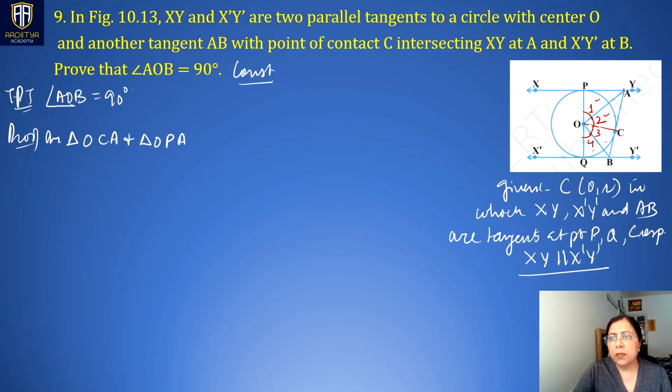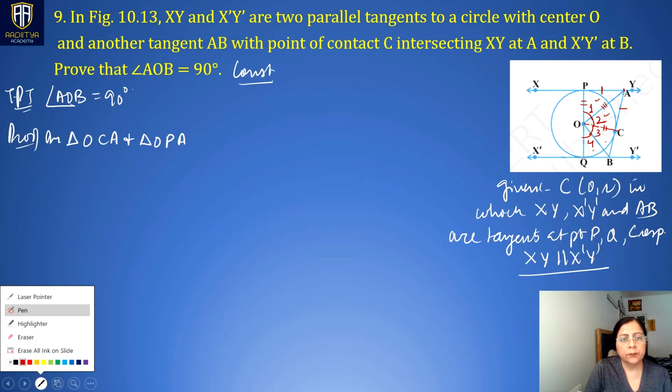From the point A, AP and AC are two tangents, so the lengths of these two tangents are equal. Moreover, OP is equal to OC because both are radii of the same circle. And then OA is equal to OA, which is common.